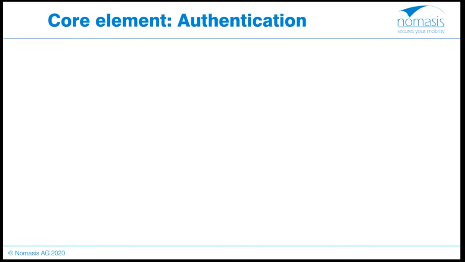Now let's have a look at what the core elements of a zero trust architecture or infrastructure are. Again, keep in mind, zero trust is not a product. So we have to build the zero trust model into our existing or our new infrastructure.